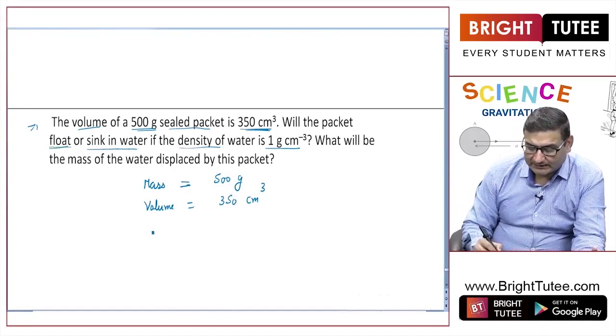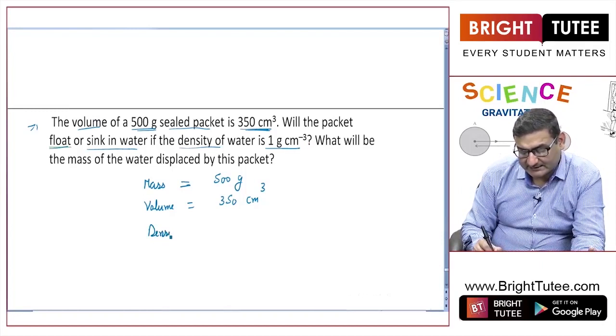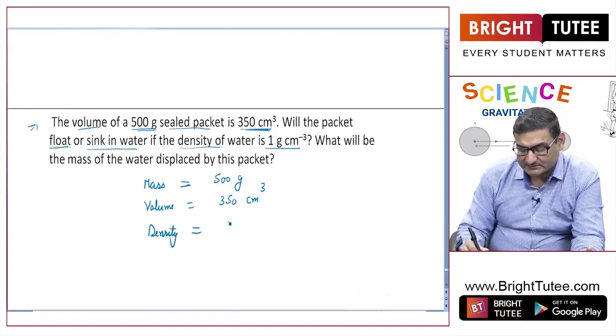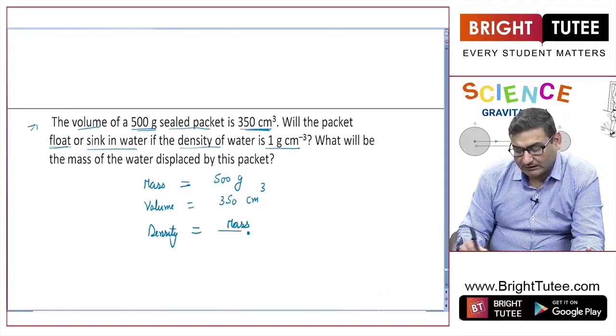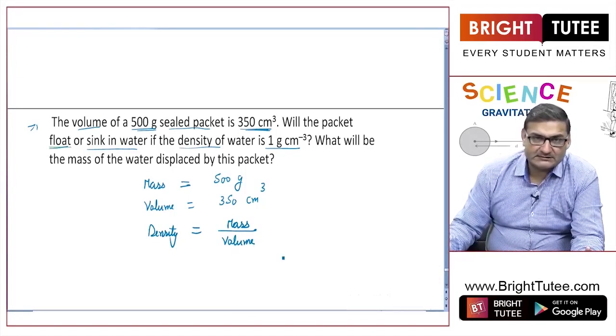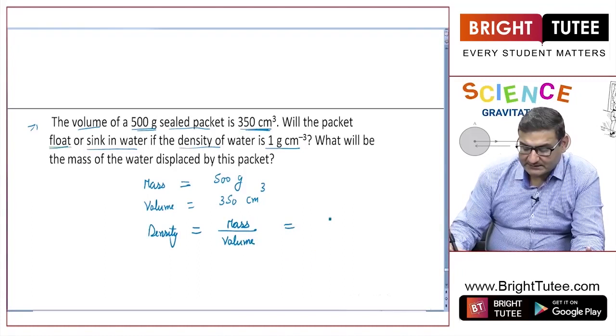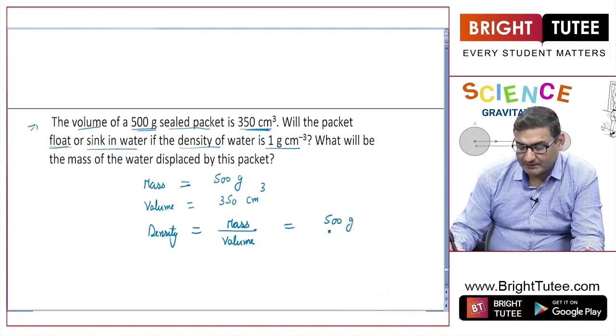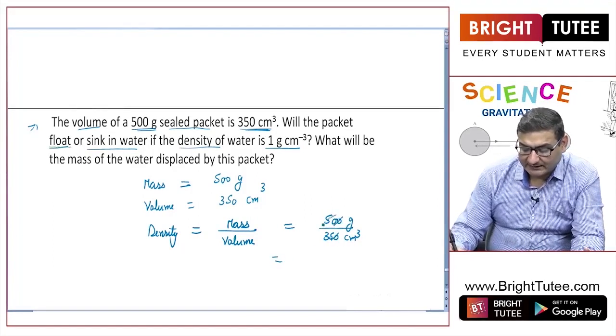So first of all, let us relate what the density of this substance is. The formula, as we know, is mass per unit volume. Mass is given to us as 500 gram, volume is given as 350 centimeter cube. Cancelling it, I will get 50 upon 35, that is 10 upon 7.